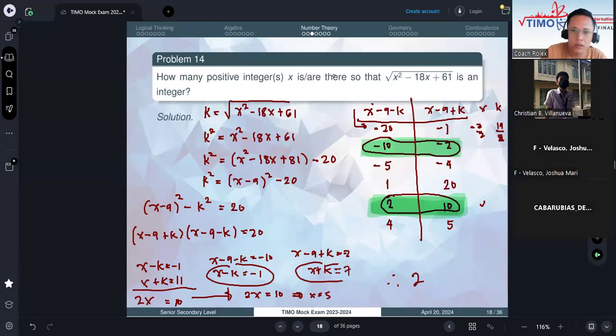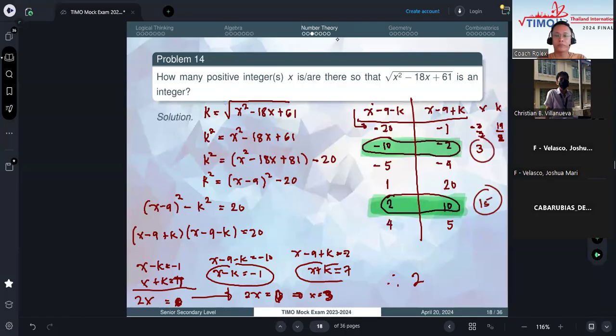And if this is 7, this is 6, this is 3. x is equal to 3. And x is equal to 15. These are the two values that you can have, 15 and 3. So for 3, we have 9 minus 54 plus 61, which is a perfect square, 16.